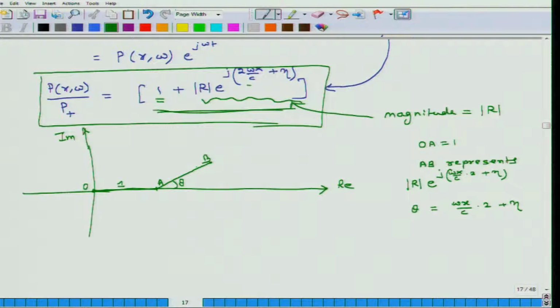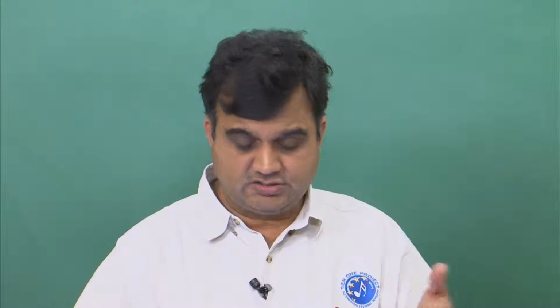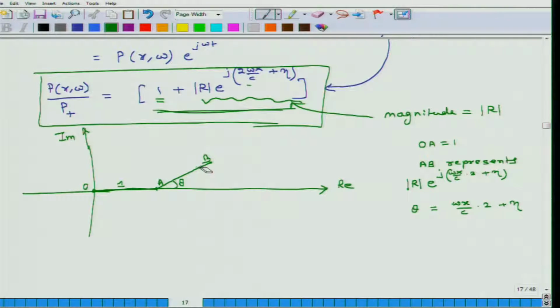So this is there. Now the value of x in this Kundt's tube could be anything. At x equal to 0, it will be 0. At different values of x, it will have different values. So actually I am going to draw this line a little shorter. So this is B, this angle is theta.